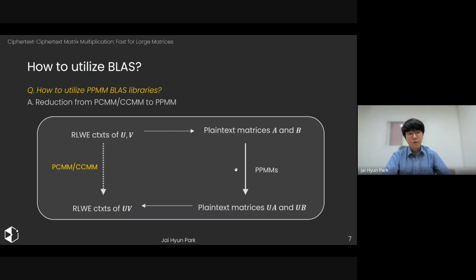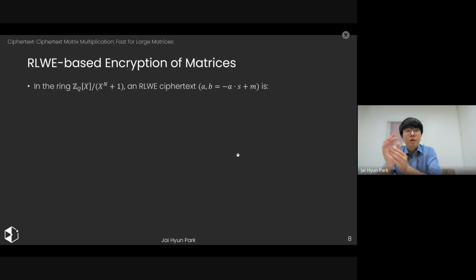Okay, so how can we do that? As we want to do linear algebra with ring LWE-based ciphertexts, it is helpful to understand ring LWE-based ciphertexts through linear algebra.